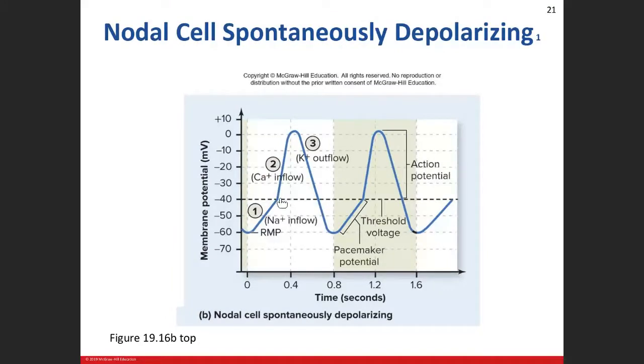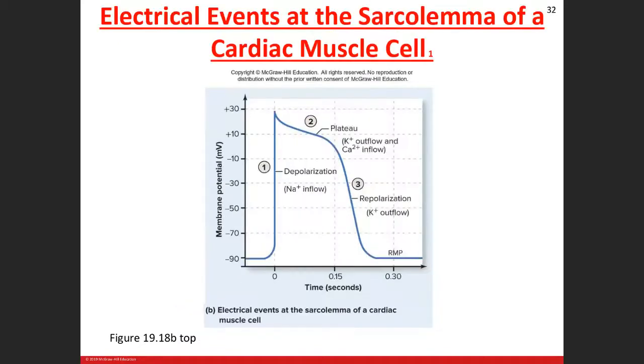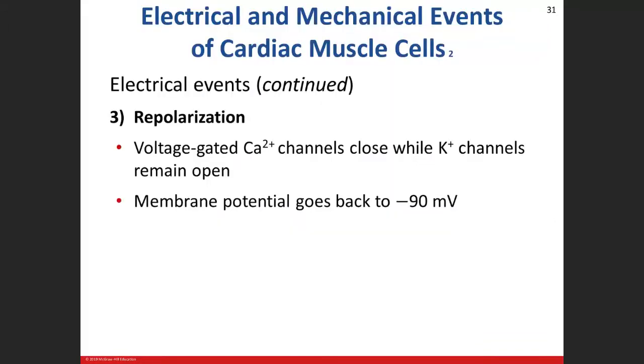So when we're talking about depolarization of a nodal cell, there are two different looking graphs here. This is the nodal cell as it's depolarizing, and then here is the cardiac cell as it's depolarizing. That's what it looks like. You should be able to recognize that, because this appearance is pretty unique. And we're going to talk about the significance of the plateauing here in a moment. All right, did everyone get that part? The repolarization? Okay.